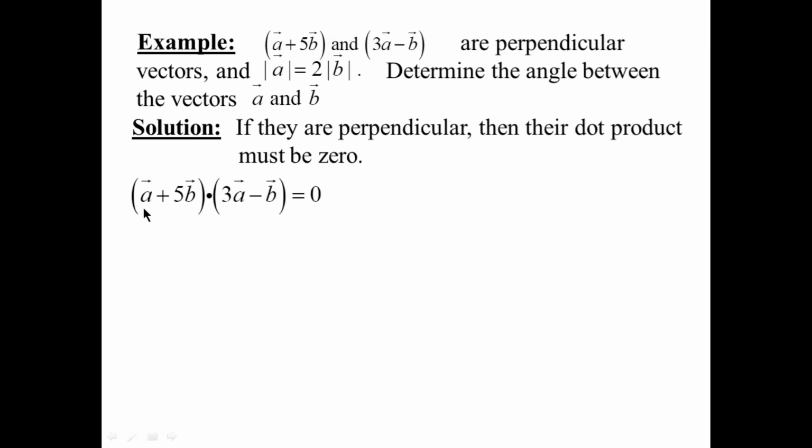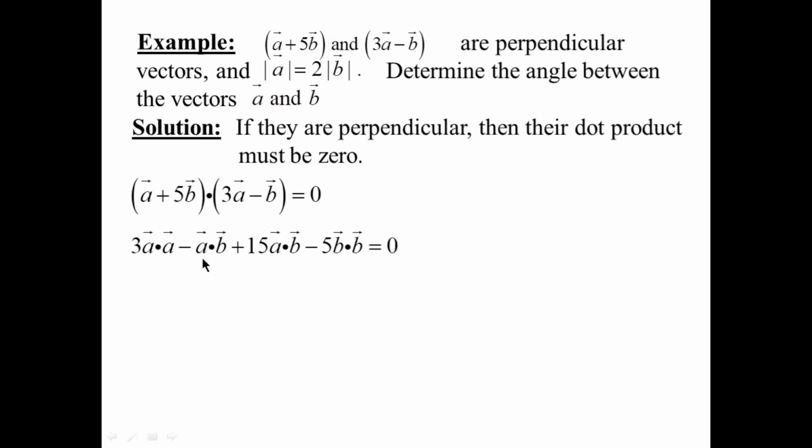And now, using the distributive property. I like saying distributive property. I don't like saying FOIL, but that's probably a personal thing. FOIL them out. So it's 3a dot a minus a dot b plus 15 a dot b minus 5b dot b.